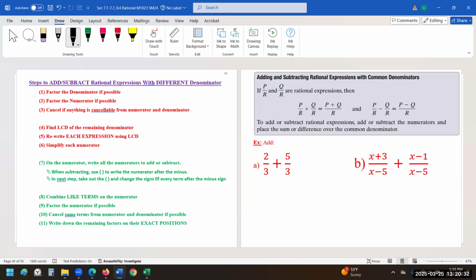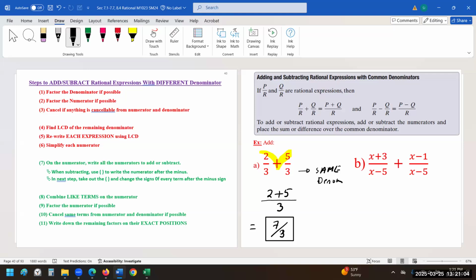So we are going to keep the denominator once and do the operation. 2 plus 5, so we get 7 over 3. Because same denominator. That's how we add numbers. We do the same thing when we add rational expressions.